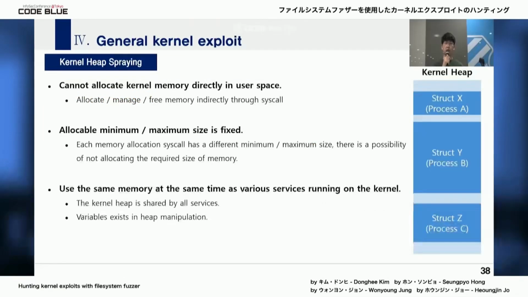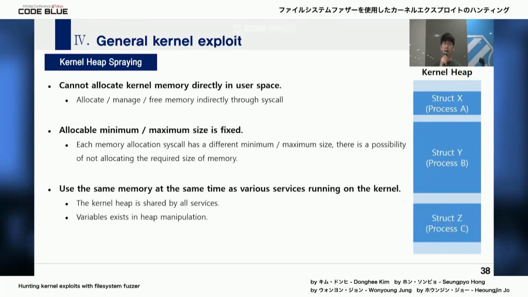To exploit this vulnerability, we need to use the heap spraying technique. Before spraying the kernel heap, there are a few things we need to know. First, memory allocation and management are done indirectly through syscalls. Secondly, each syscall has an allocatable minimum and maximum size.